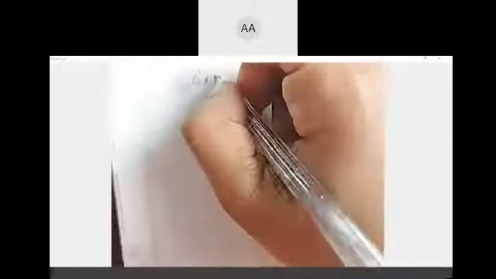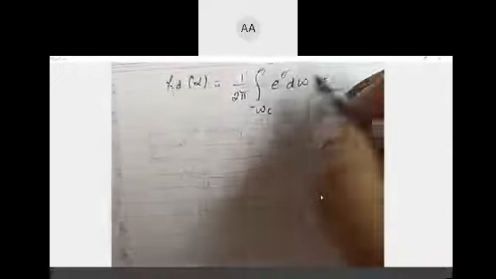HD of alpha is equal to 1 by 2 pi integral from minus omega c to plus omega c of e power 0 d omega. This is the integral of d omega, that's all, times 1 by 2 pi.